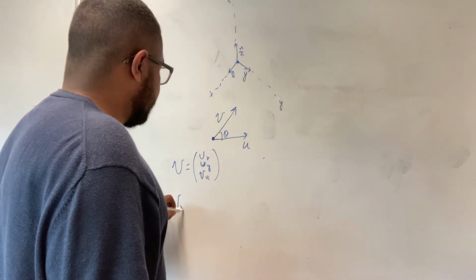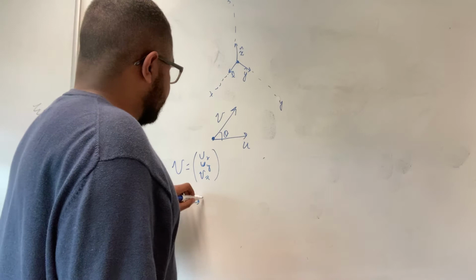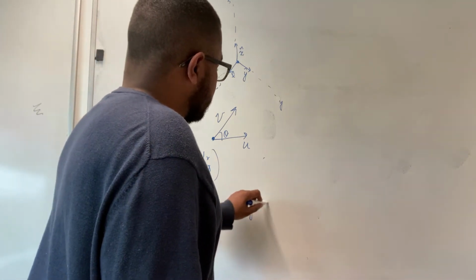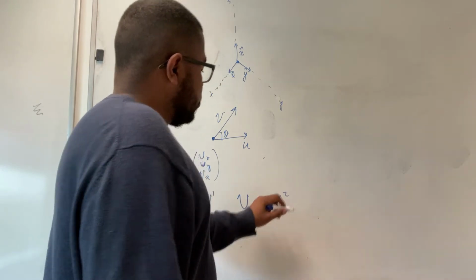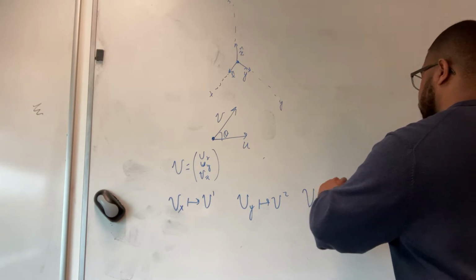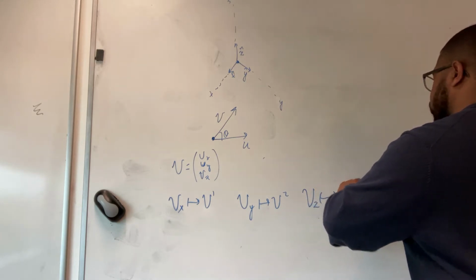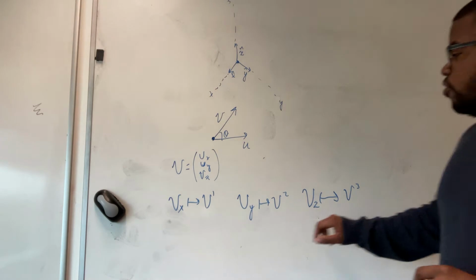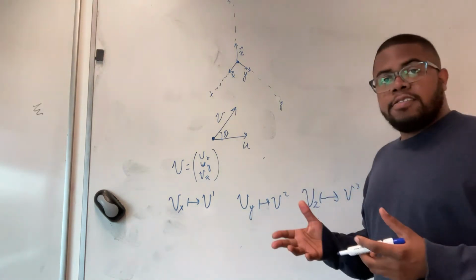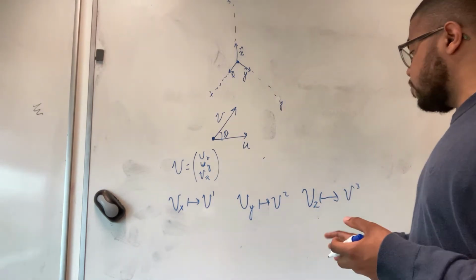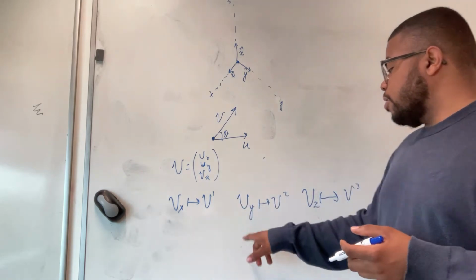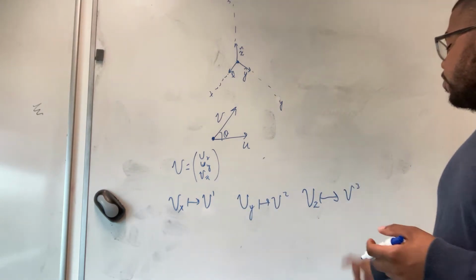So we would write vx as v1, we would write vy as v2, and we would write vz as v3. It doesn't matter which one of these x, y, z you use, as long as you stay consistent with your math and your notation, you're good to go. But typically, it is denoted as vx being v1, vy being v2, vz being v3.